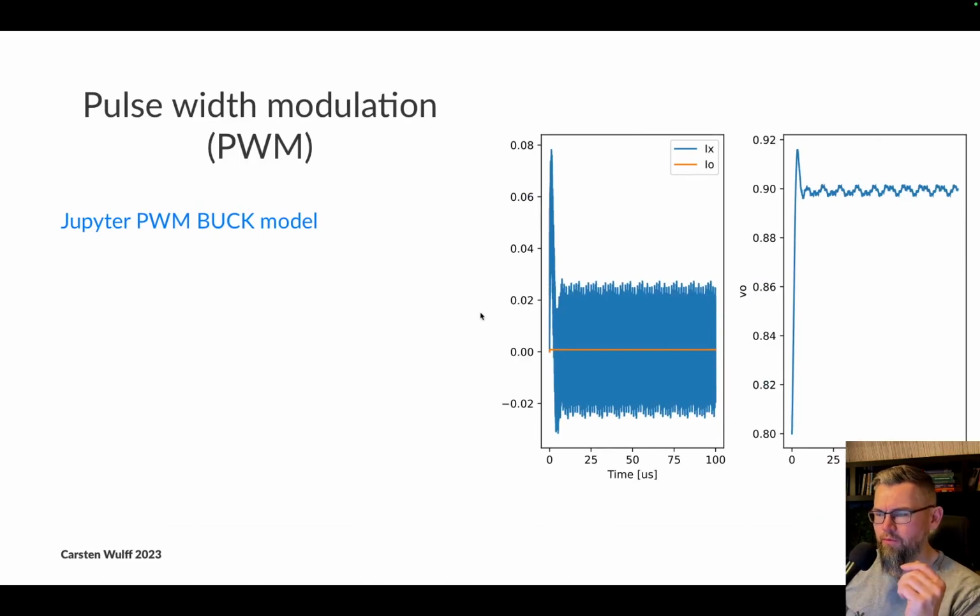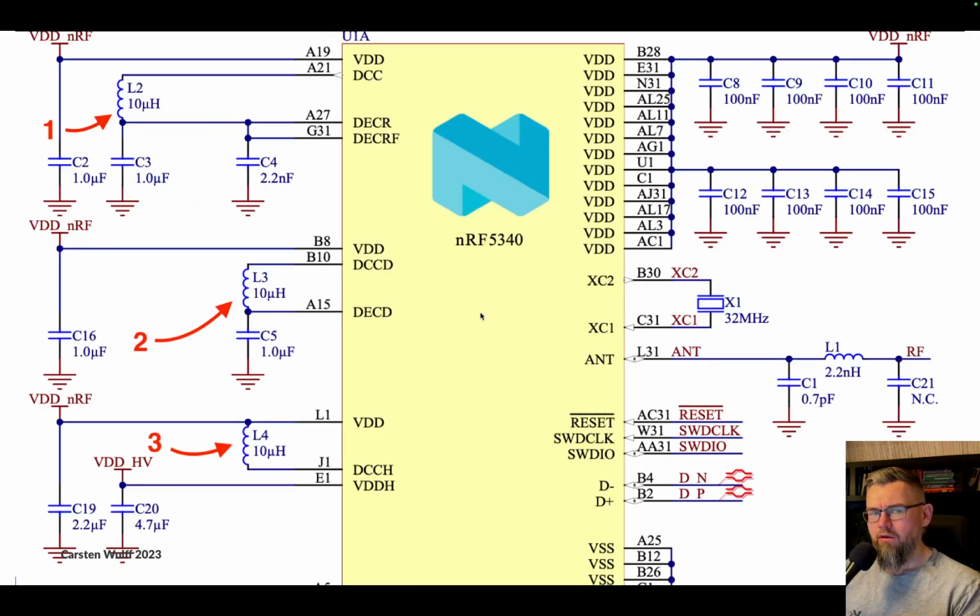There we go. Okay. So if you download the data sheets for NRF5340, which is the Nordic chip, you will see in the hardware descriptions there are inductors. Inductors, capacitors, inductors, capacitors, inductor, capacitor. And then it says DCC-D, DCC, DCC-H.